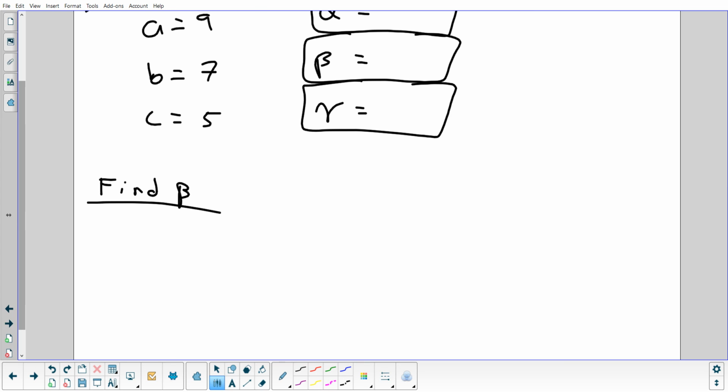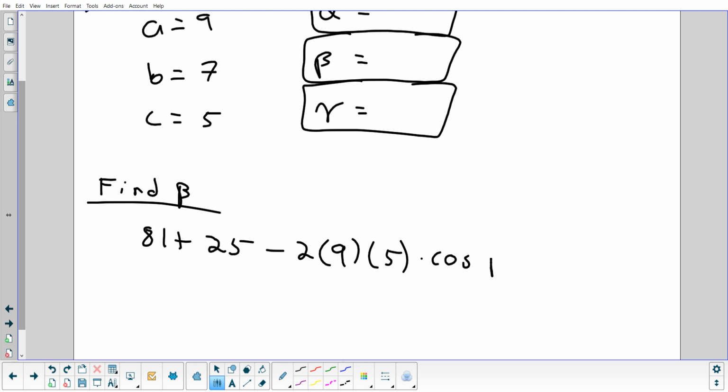A squared plus c squared. So I'm going to do that as I go. A squared plus c squared, minus 2ac, so 2ac, let's put that in, times cosine beta equals b squared. Cosine beta equals, and actually I know what b squared is, that's 49.